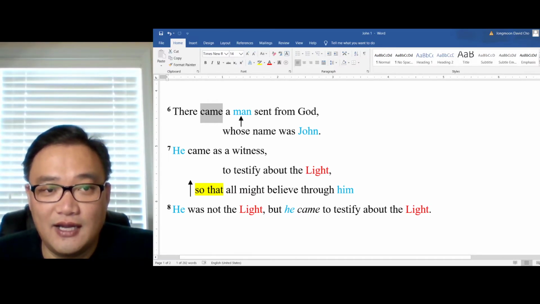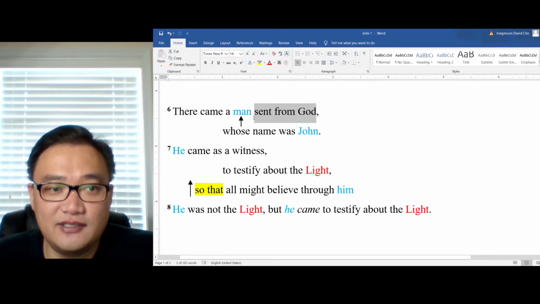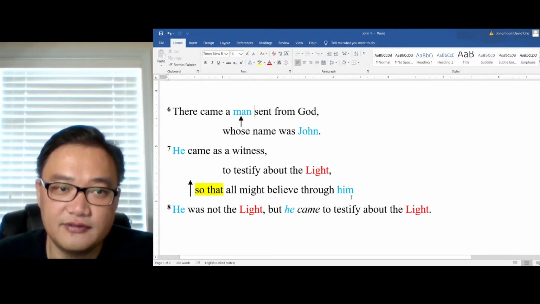This phrase here, sent from God, describes this man who came. This man who came, he was sent from God, and his name was John. So all these different parts of the sentence are details. But what we're looking for is the main subject and the main verb.